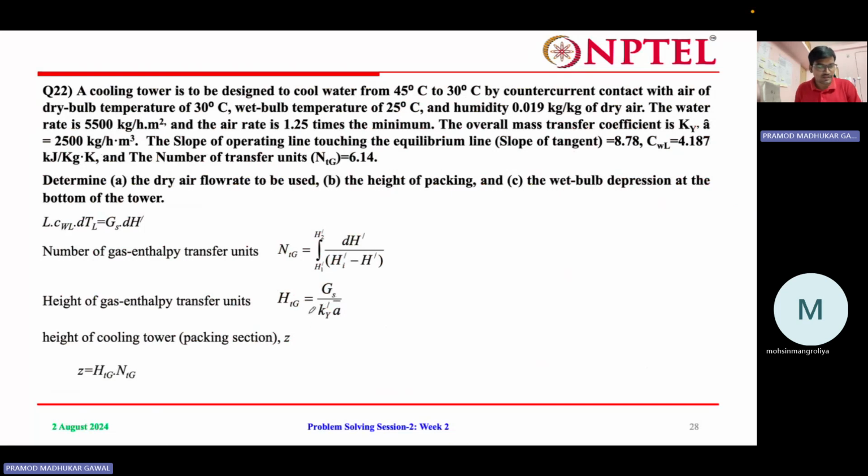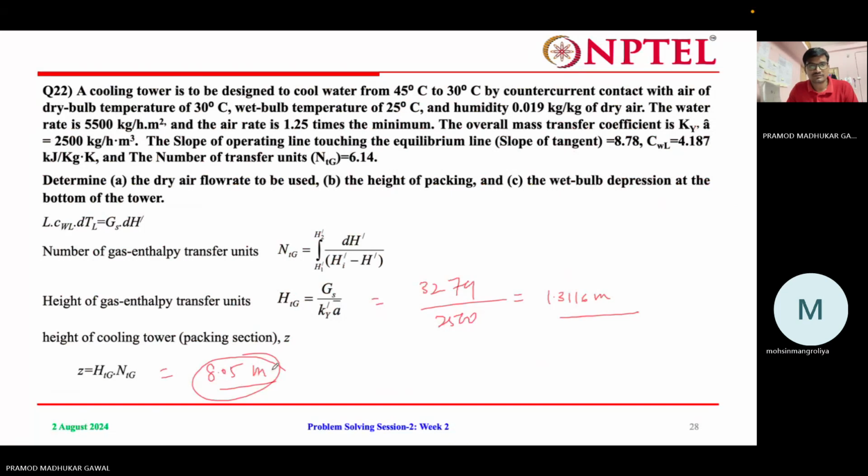GS we just calculated as 3279, and the mass transfer coefficient Ka is given as 2500. So HTG is 1.3116 meters. Then Z is 8.05 meters. So the height of packing is 8.05 meters. Clear or not?